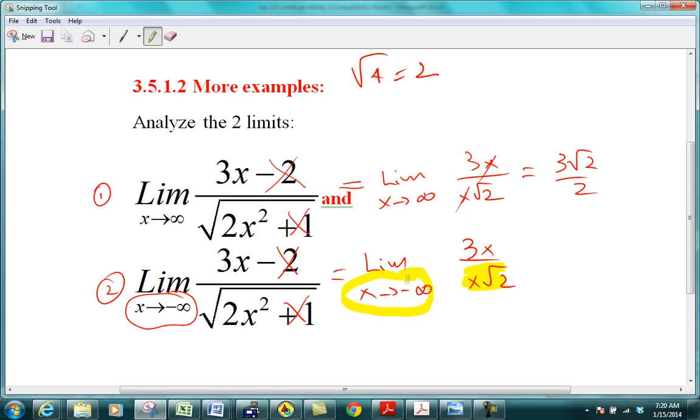But I just told you that with a pure square root, okay, with no sign in front of it, the answer should always be positive. So in order to fix that, I need to put a negative sign here, which then translates to negative 3 root 2 over 2. And our graphing calculator will show you that as well.